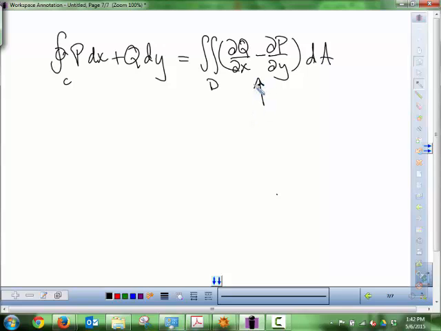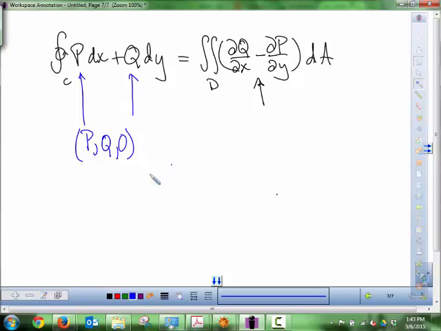So the thing is, where did this come from, or what is this thing here doing? If your original vector field was P, Q, 0, think about this as something happening in 3 dimensions. But it's really happening in 2 dimensions, but let's extend it to 3 dimensions so we can consider it as a vector field P, Q, 0.